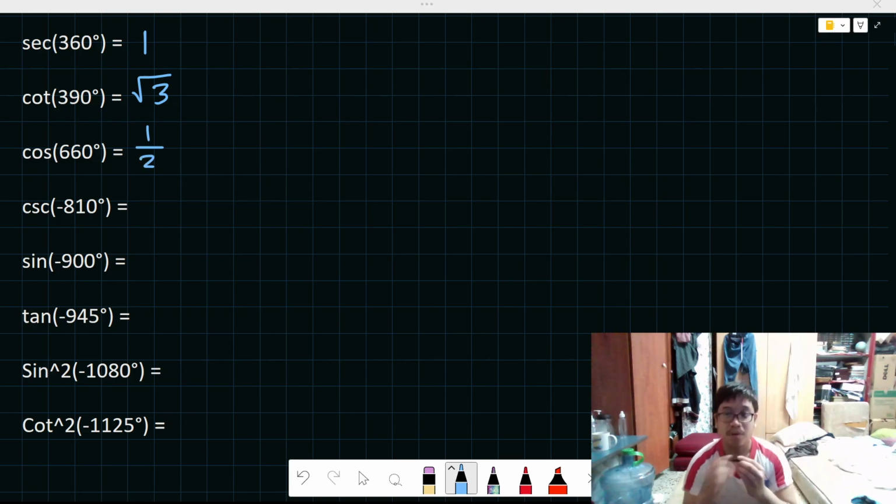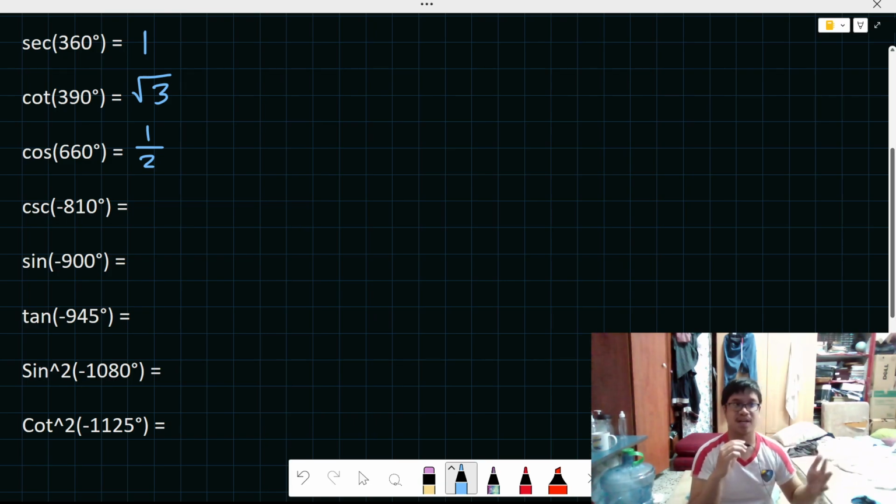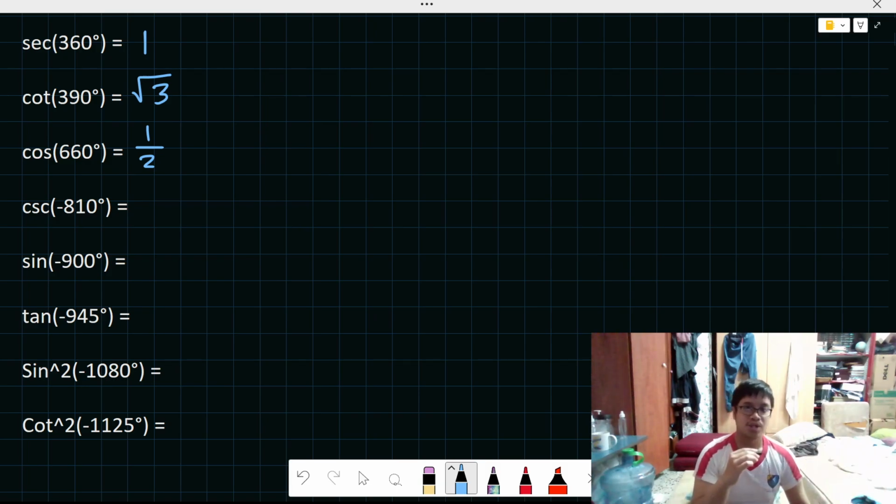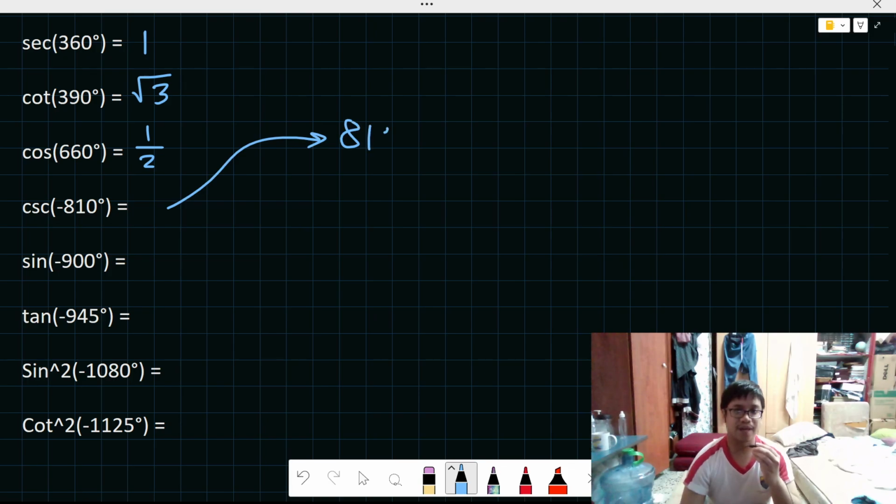Now next, we have cosecant of negative 810 degrees. In this case, it's a big number and it's negative, so this is less than 0 degrees. I'm going to find its coterminal angle between 0 degrees and 360 degrees.